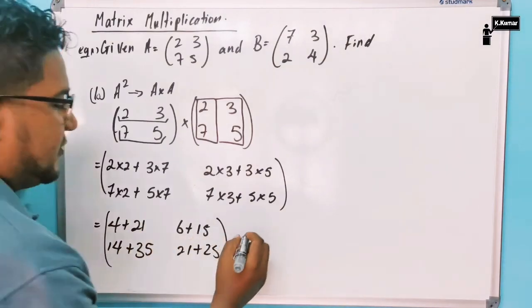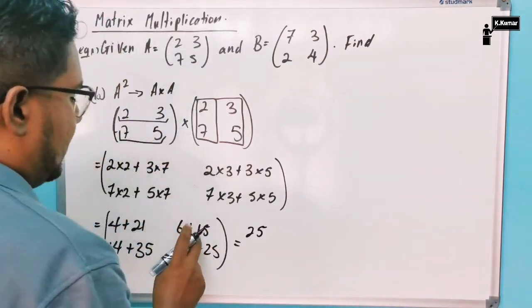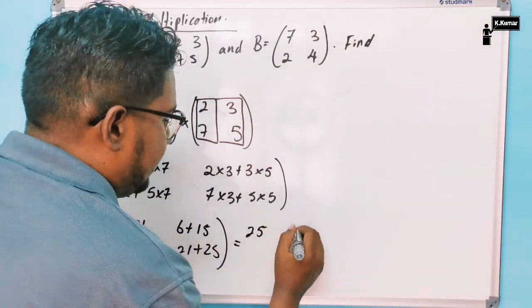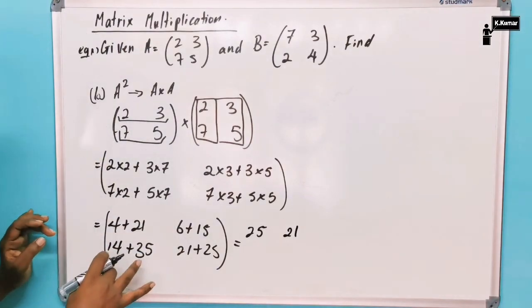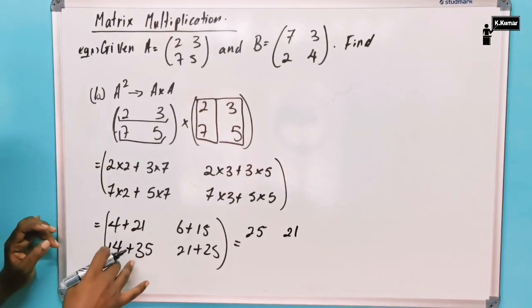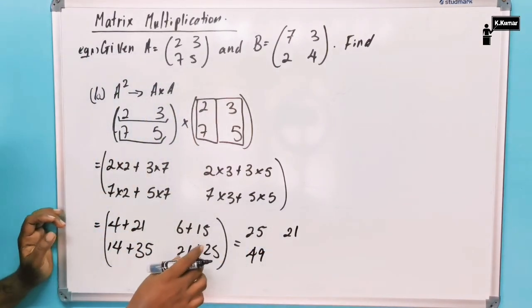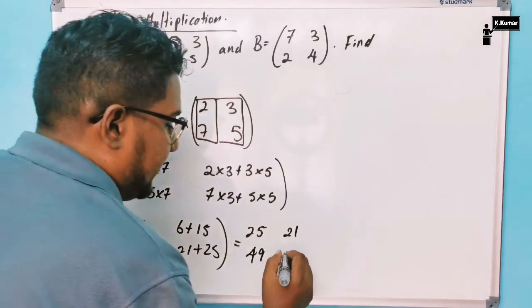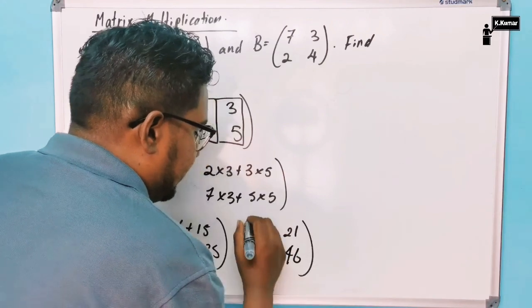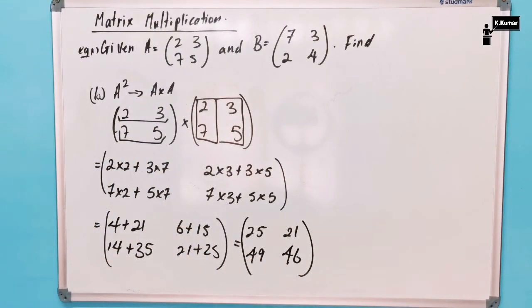So 21 plus 4 is 25. 15 plus 6 is 21. 35 plus 14, that's going to be 49. And 25 plus 21 is going to give me 46. So A squared is 25, 21, 49, 46.